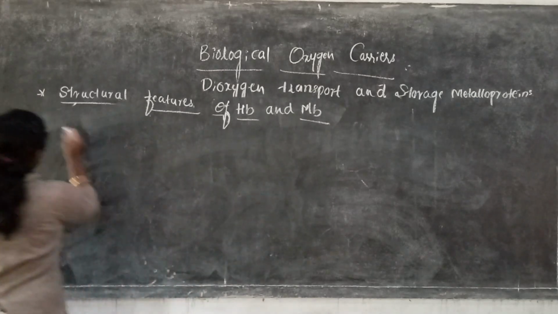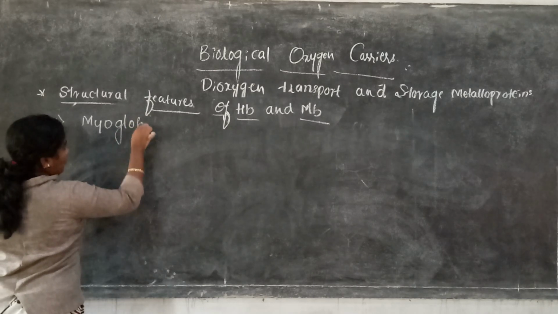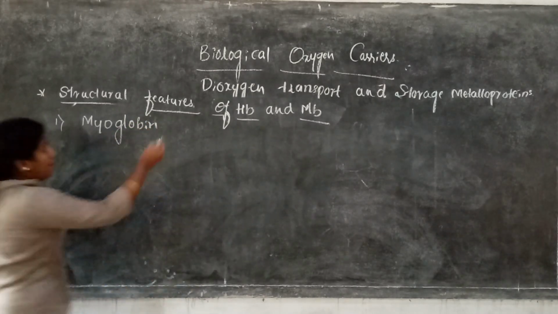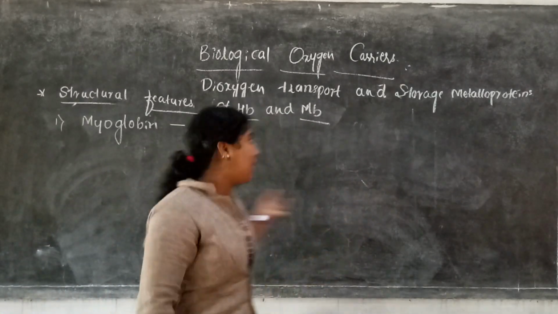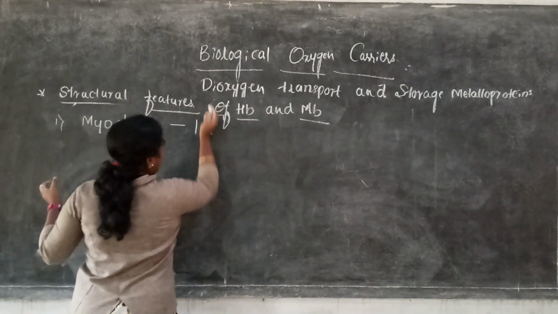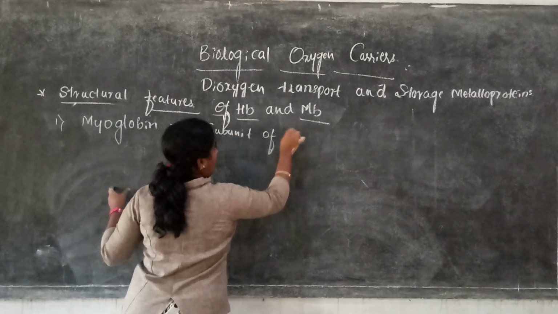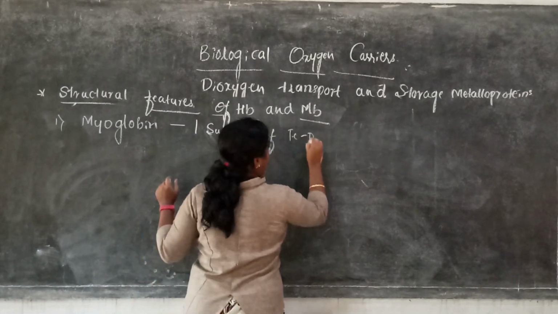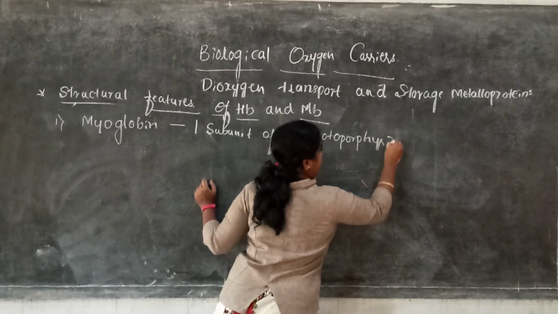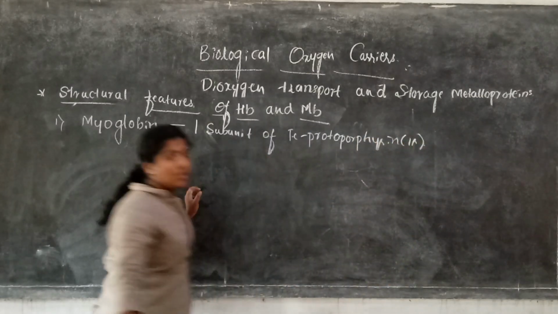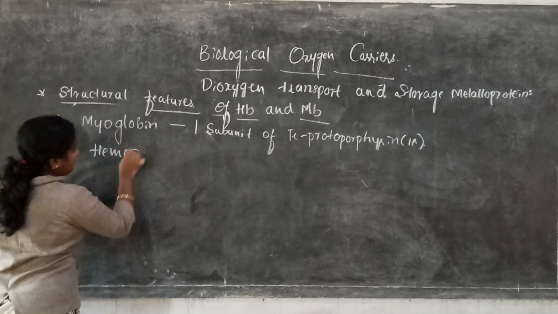In myoglobin, there is only one subunit of this iron protoporphyrin 9 unit. Only one subunit of iron protoporphyrin 9 unit. Second is hemoglobin.